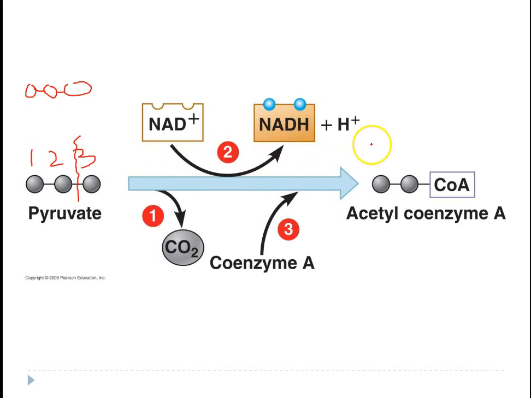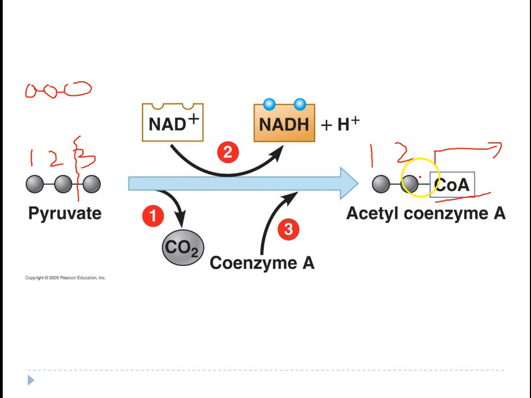And that way we still have a 2 carbon molecule come out here. And it gets attached to this enzyme. And this enzyme is called acetyl-CoA. And basically what this guy does is it's able to deliver this 2 carbon molecule into the mitochondria. Without this enzyme, these 2 would just float around in the cytoplasm and do nothing.